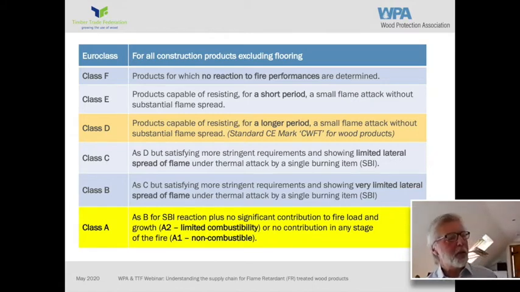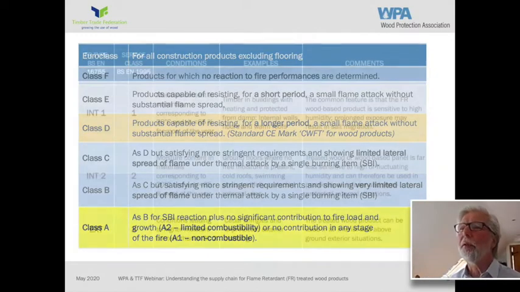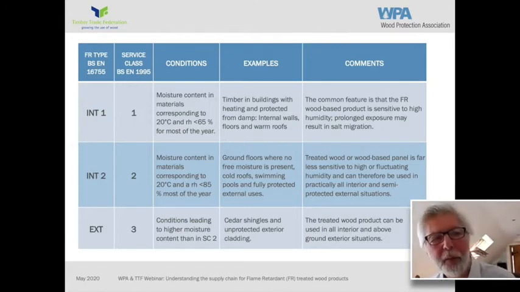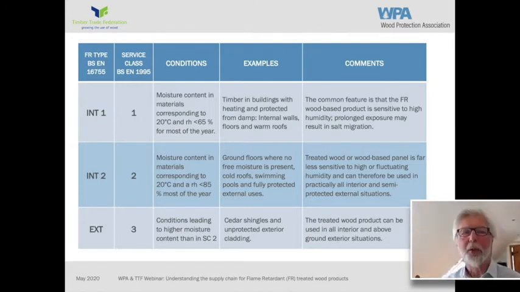So you can specify Euroclass B, C, whatever your particular application requires, but on top of that, there is a secondary classification you need to be aware of for flame retardant treatments, and they relate to the service class in which the component is being used.